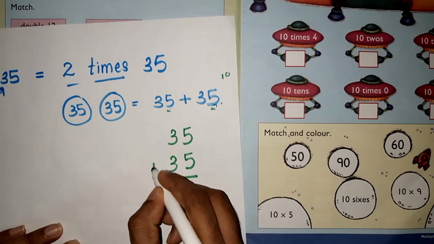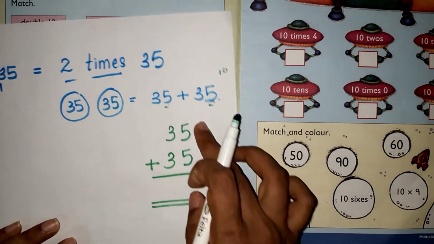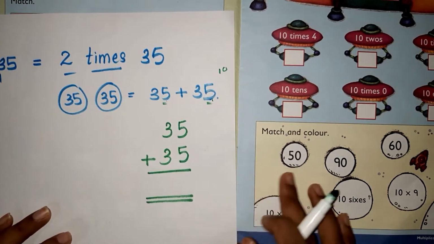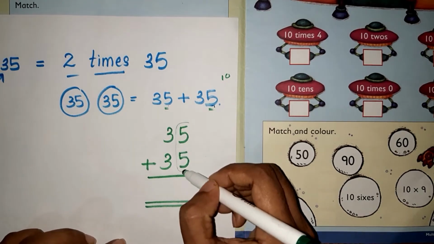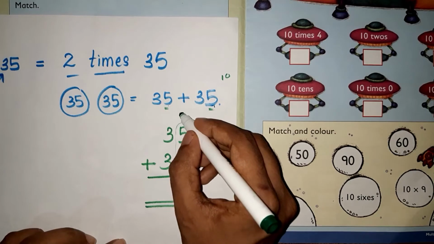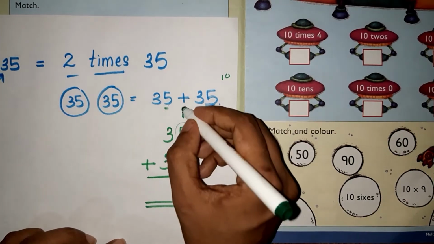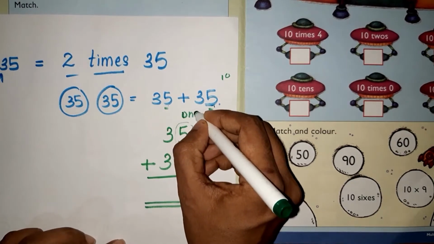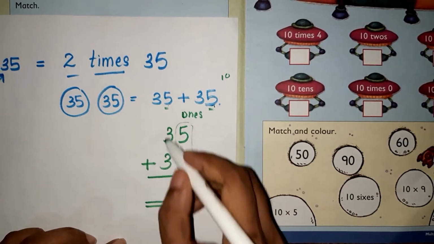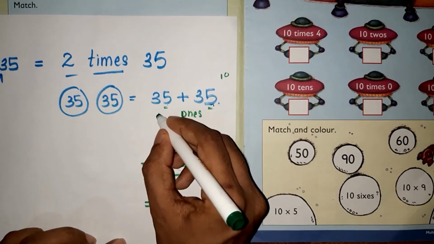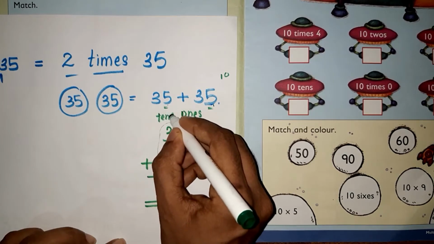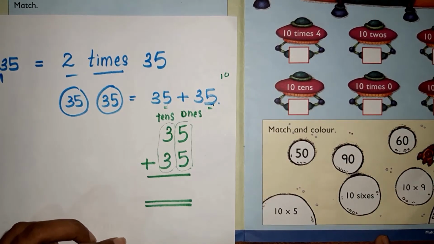Okay, taking the answer downwards. We know that this part is the ones side, ones, and this part is the tens side, tens place, tens.